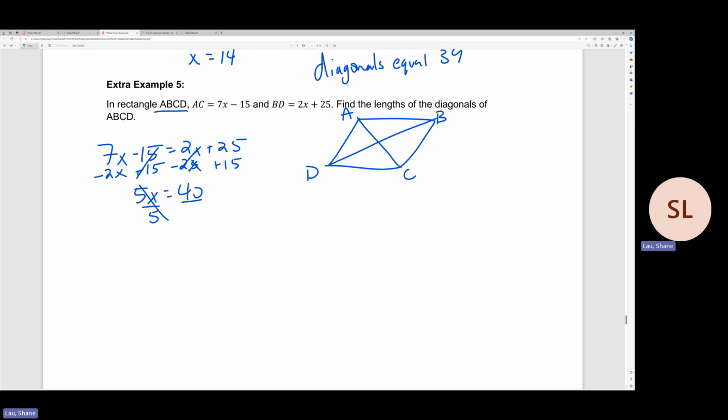Divide by 5, cancel. x equals 8. Plug it back in: 2 times 8 plus 25. We get 16 plus 25, which gives us 41. Which therefore means that the diagonals equal 41.